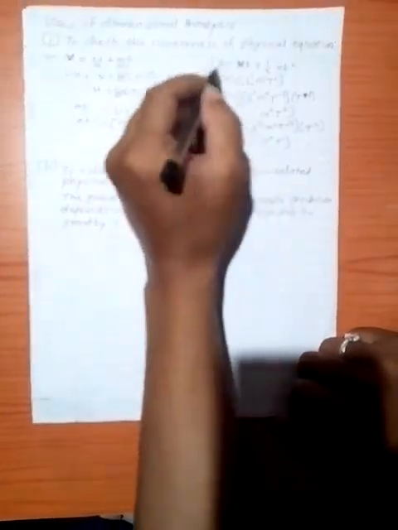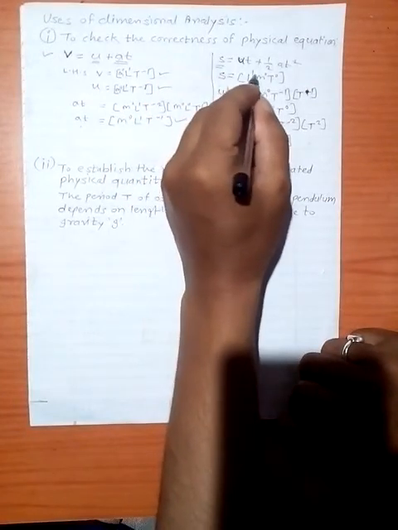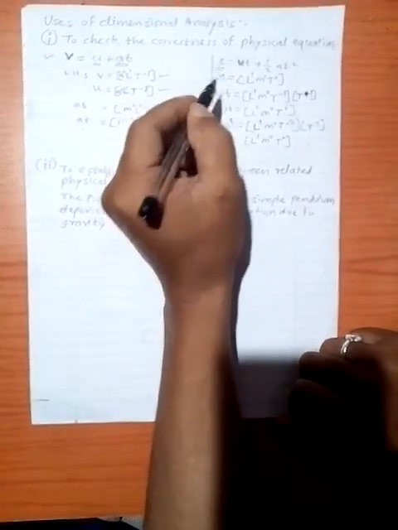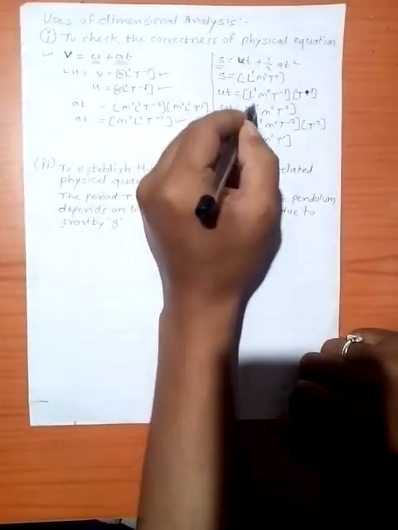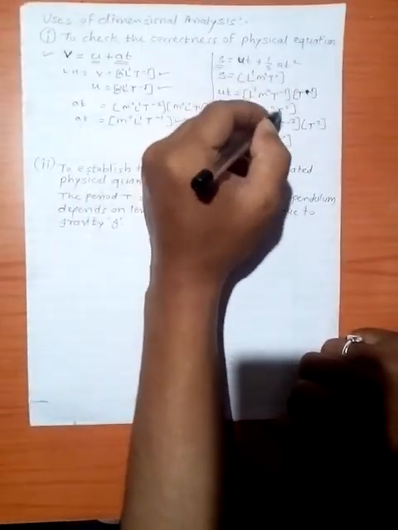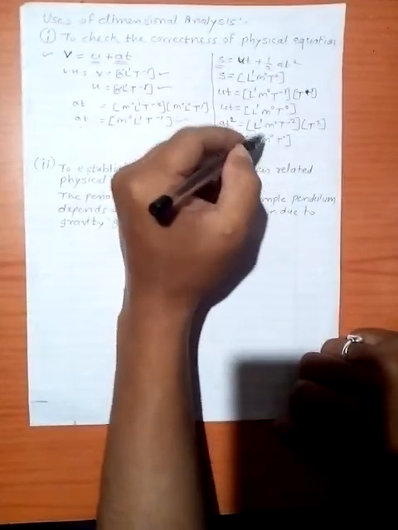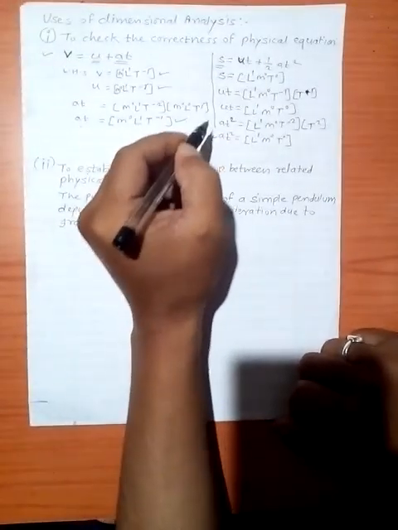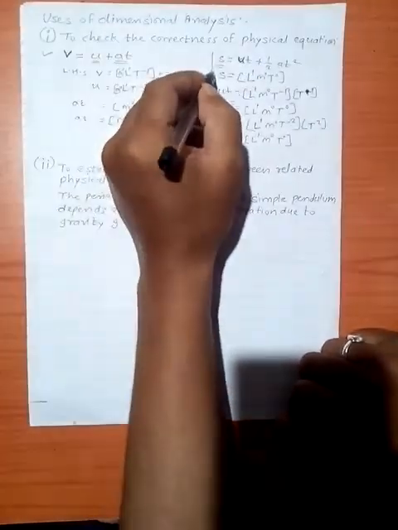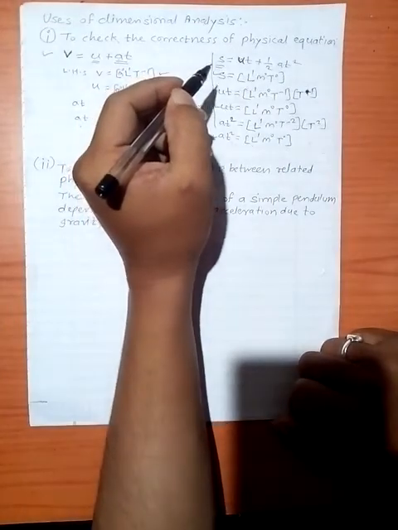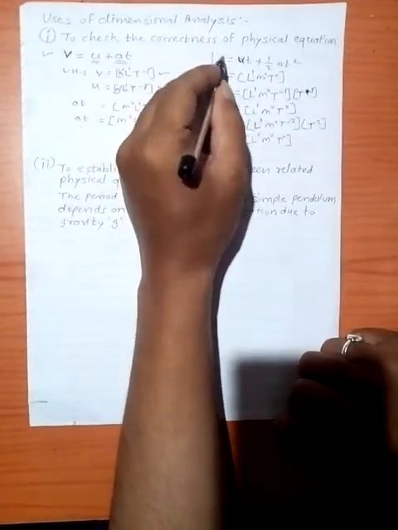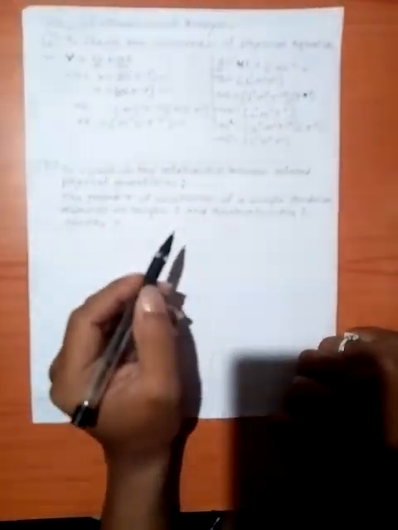So for s, L raised to 1, m raised to 0, t raised to 0; for ut, L raised to 1, m raised to 0, t raised to 0; and for at square, L raised to 1, m raised to 0, t raised to 0. All terms have the same dimension formula, therefore this equation is dimensionally correct.